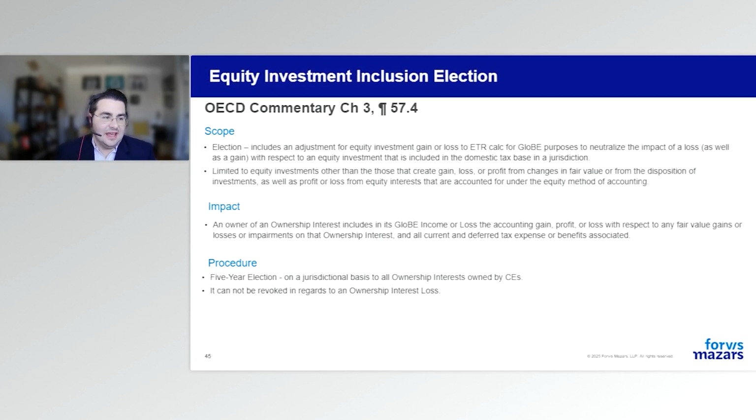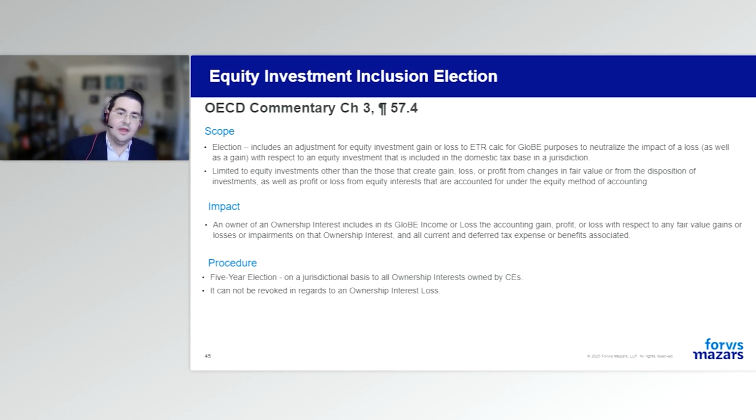And then there's the equity investment inclusion election, right? And this one is really what we find to be a really helpful one, right? And we're going to use an example here to put this into action. But basically, Article 3.2.1c says you exclude equity gains and losses. Basically when you sell stock of a company, you exclude that from GLoBE income, right?